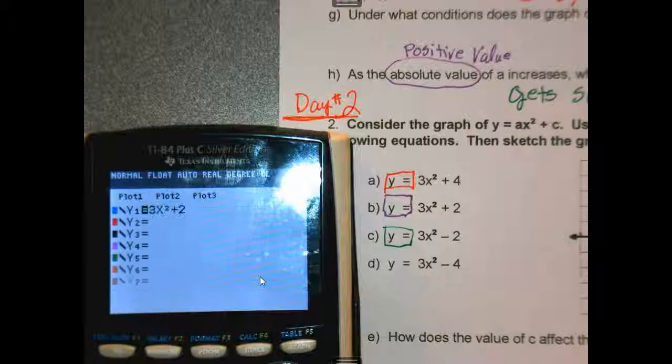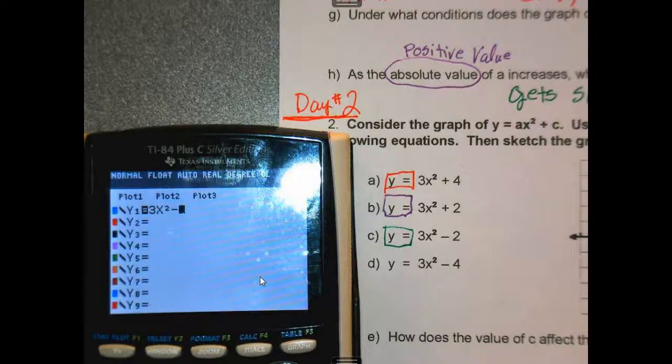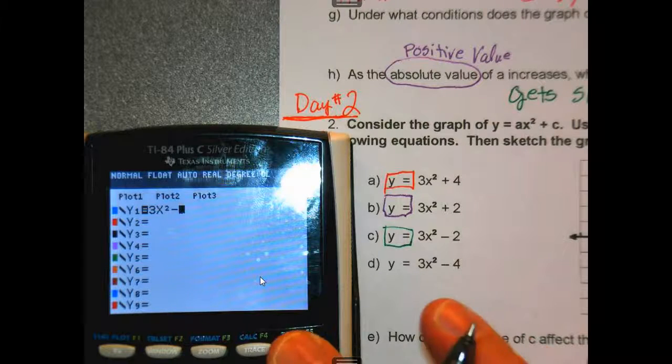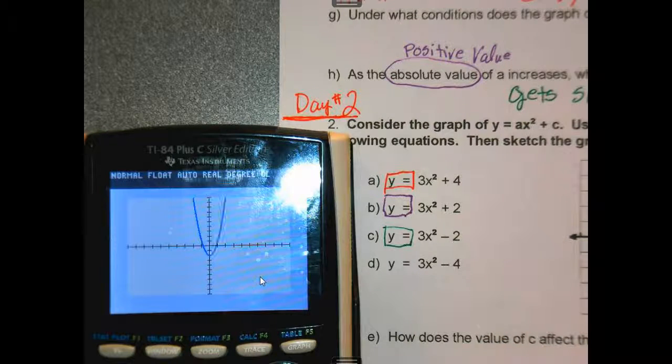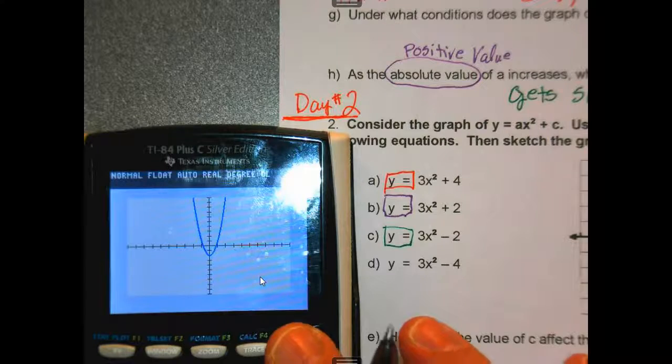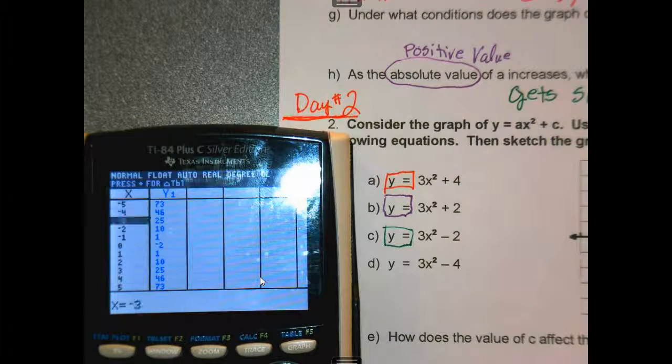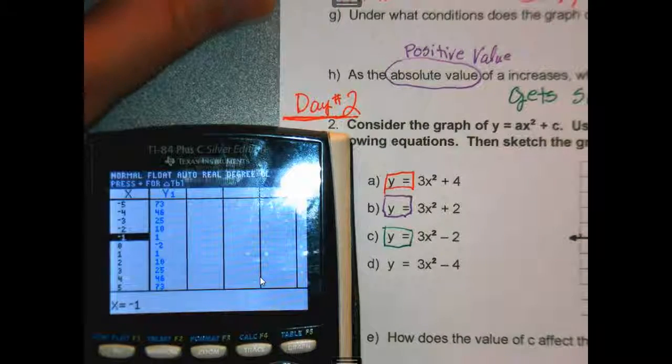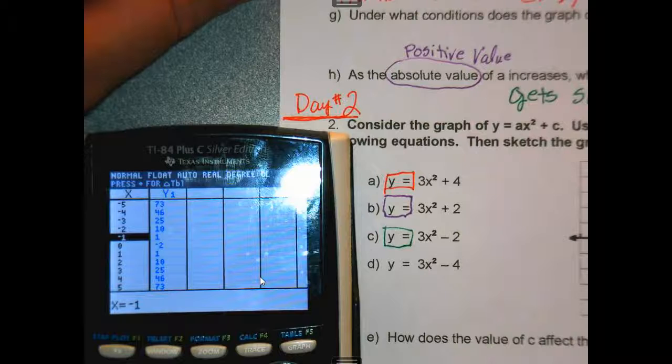Go to our y equals. And instead of +2, we're going to -2. Hit our graph. Go to our chart, our table. My vertex, 0, -2. -1, 1. Oops, I was off by 1. Good thing I checked. So here's my parabola.